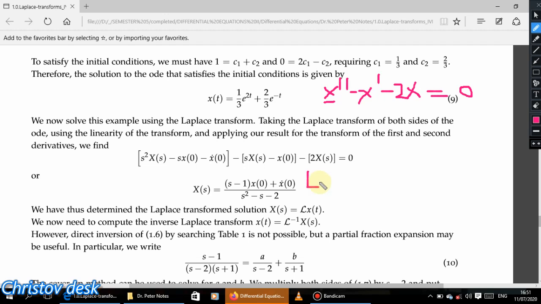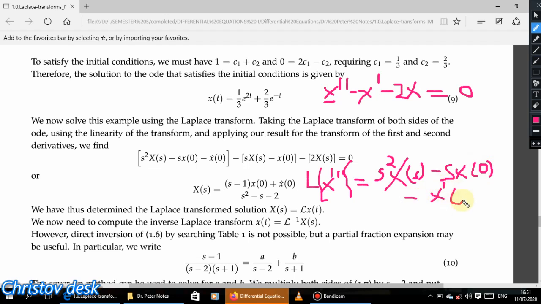All right, so you know them by heart. Laplace of x prime prime is giving us s squared, then capital X of s, minus s times x of 0, then minus x prime of 0.